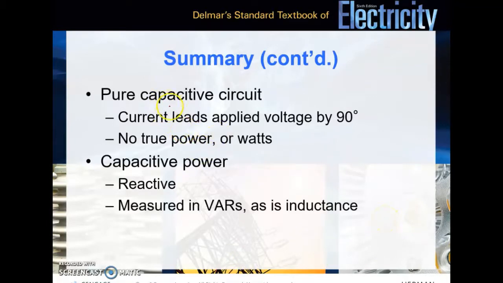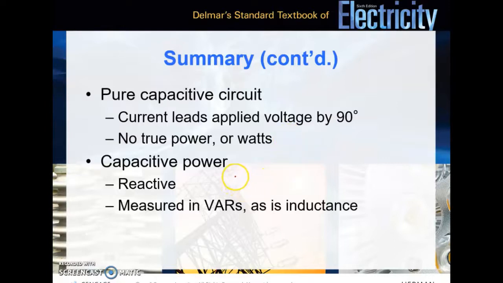In a pure capacitive circuit, current and voltage are out of phase by 90 degrees. It so happens that current, this is circuit current, leads the applied voltage by 90 degrees. Similar with inductive circuits, in a pure capacitive circuit, there is no true power, there is no watts.